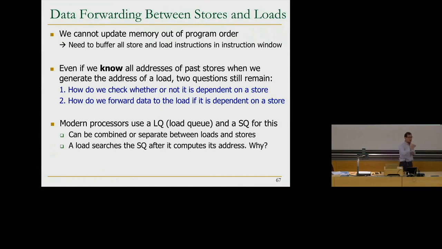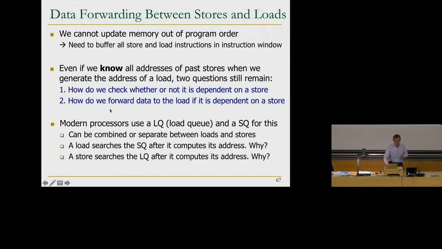Whenever you produce the address of a load, you search the store queue to check if there's any store that you're dependent on, so that you can schedule the load. And when a store finishes execution and computes its address, it searches the load queue to see if there is a load that's dependent on it.